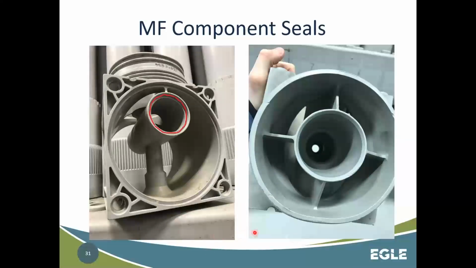You have this distribution header on the top and bottom that feed these modules, made up of these little blocks that just fit together in a modular fashion. In a big plant, there might be 20 of these that make up the header. In a small plant, there might be 5.